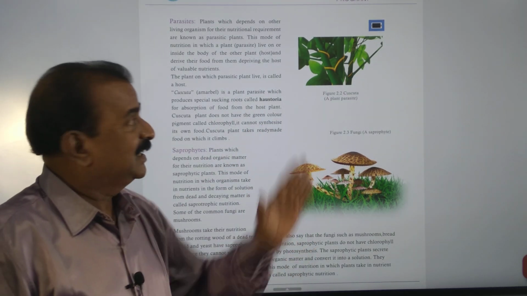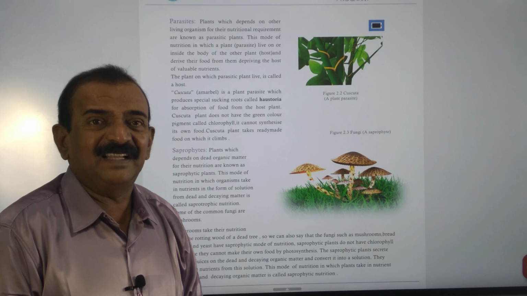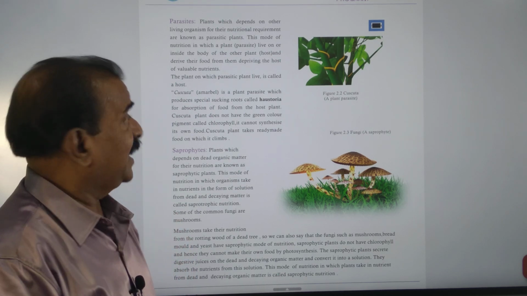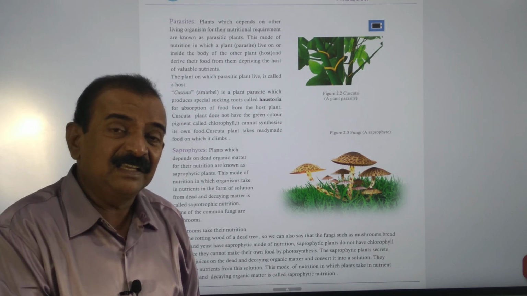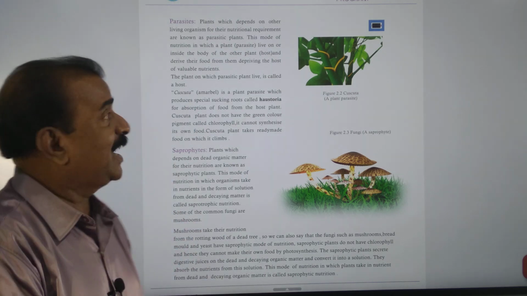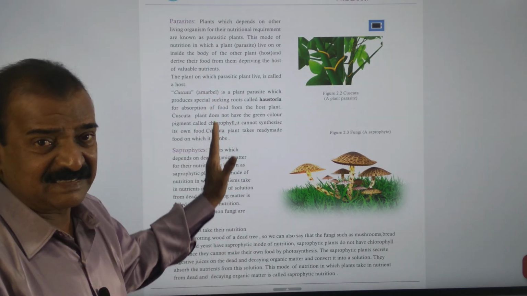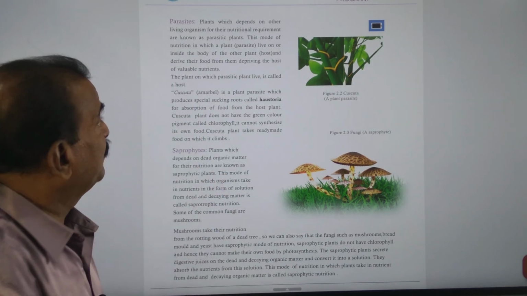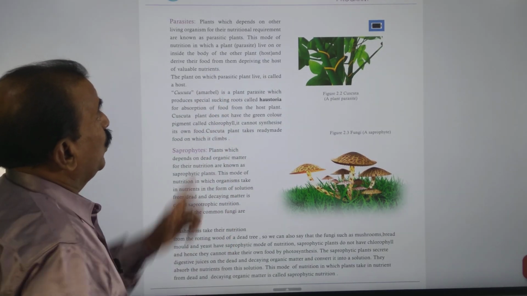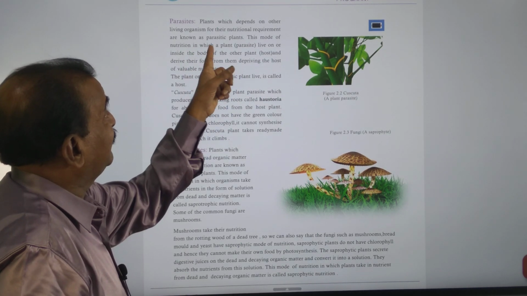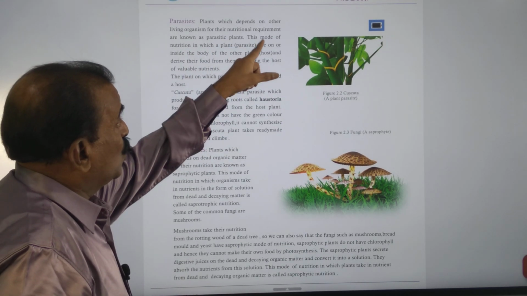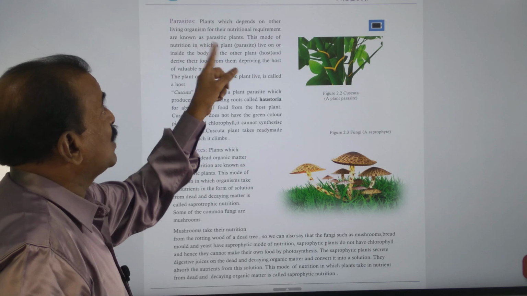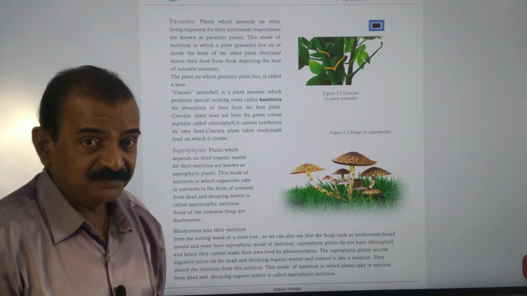That is the reason this plant is called a parasitic plant, and this type of nutrition is called parasitic nutrition. Now I am reading the concept given in the textbook. Plants which depend on other living organisms for their nutritional requirements are known as parasitic plants.